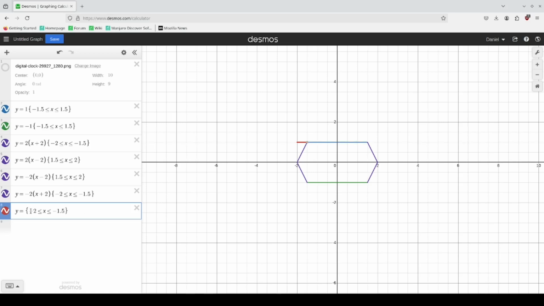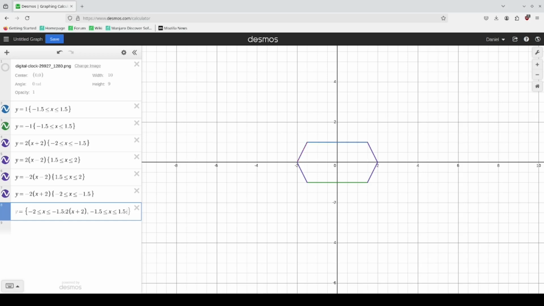So if it's between -2 and -1.5, you want it to be using this equation. That's the 2x plus 2 times the whole thing x plus 2. So it'll be a colon after your inequality, and you put this line in here. And you comma separate it, and you put your next inequality in here. So in this case, it's from -1.5 to 1.5.